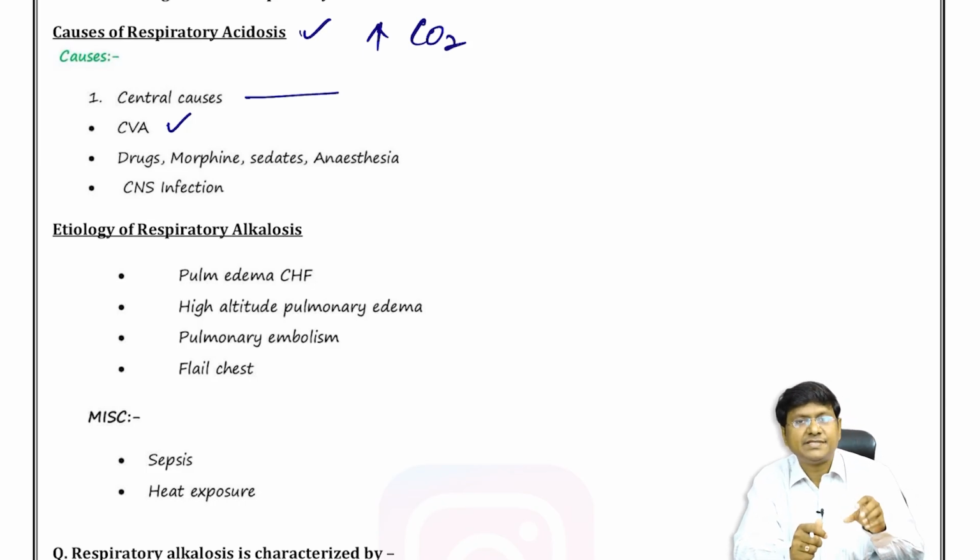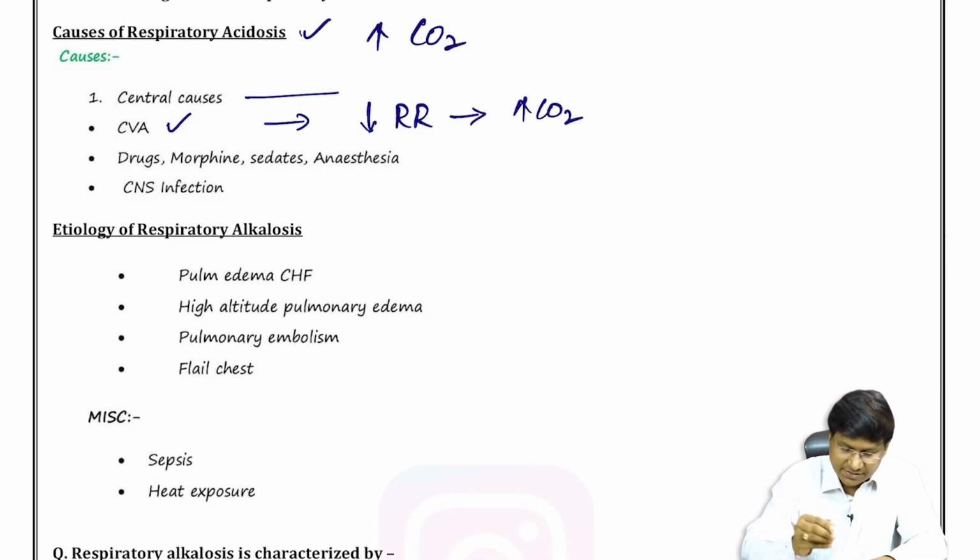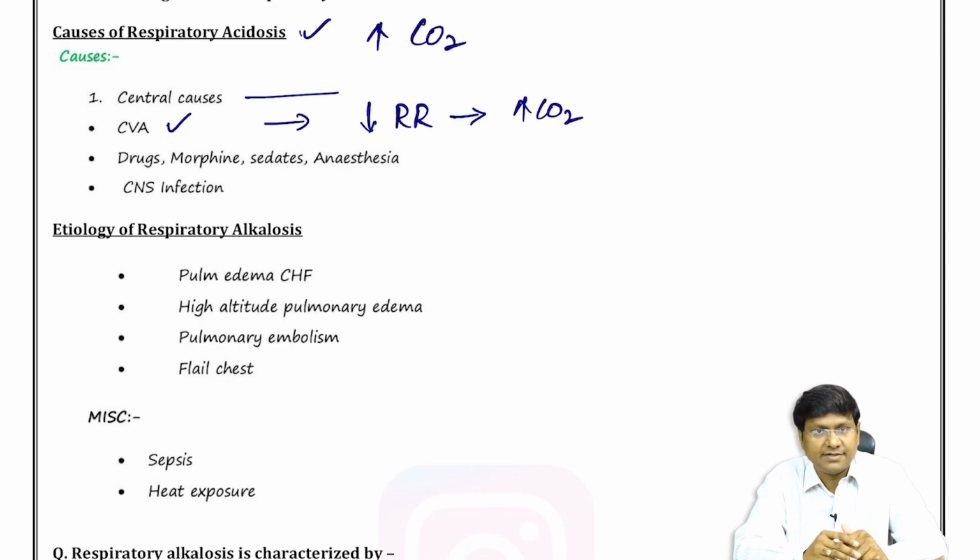So if there is central pathology, as in cerebrovascular accidents, there will be suppression or a decrease in the respiratory rate. Once there is a decrease in respiratory rate, what will happen to the carbon dioxide levels? There will be an increase in the carbon dioxide levels.